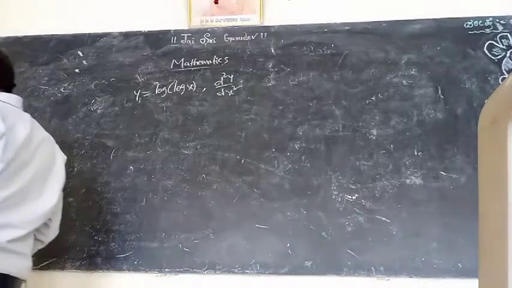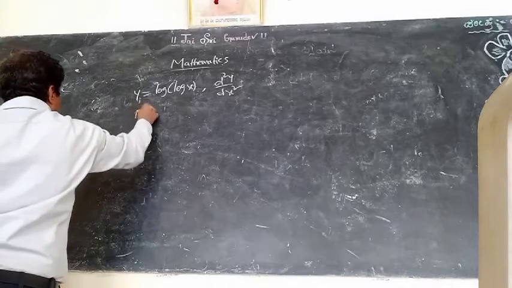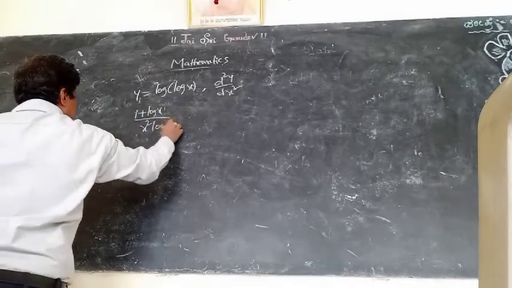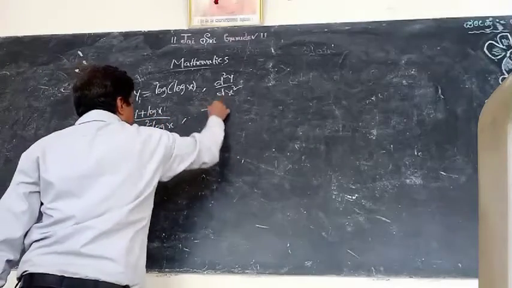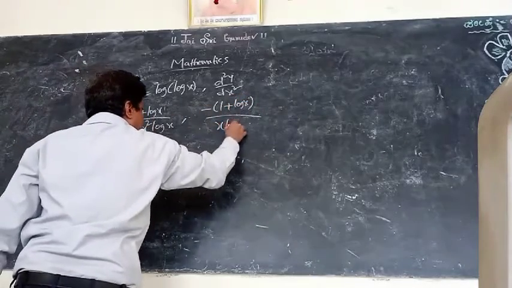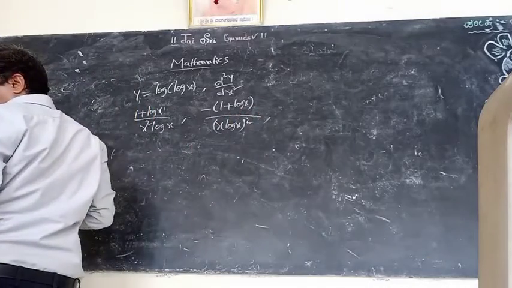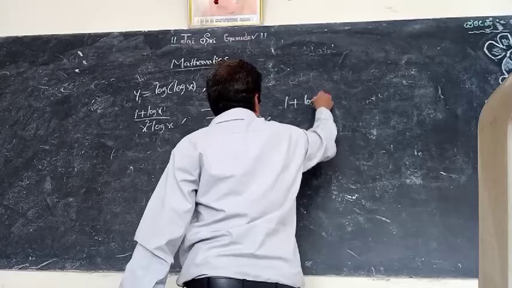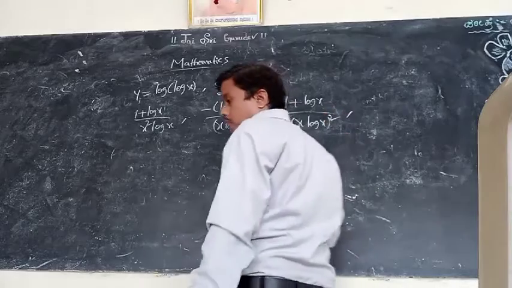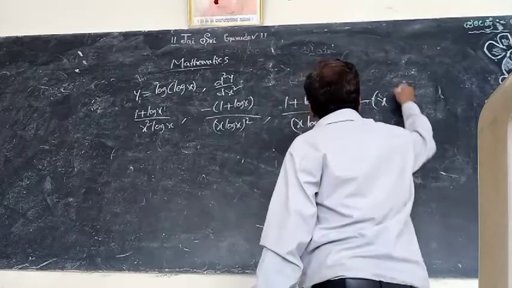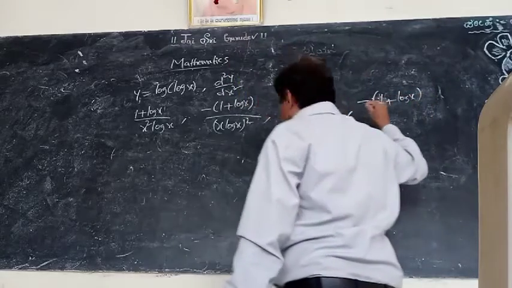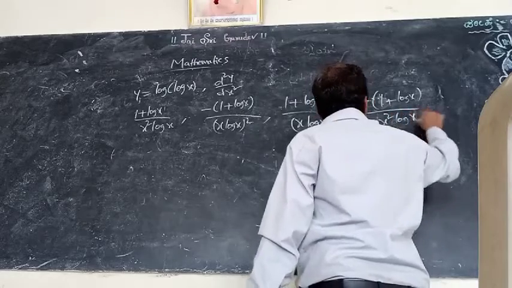The options are: 1 plus log x divided by x square log x; minus 1 plus log x over x log x whole square; third, 1 plus log x divided by x log x whole square; fourth, minus x plus 1 plus log x divided by x square. Very easy question.